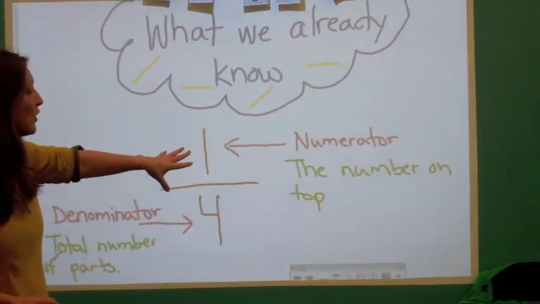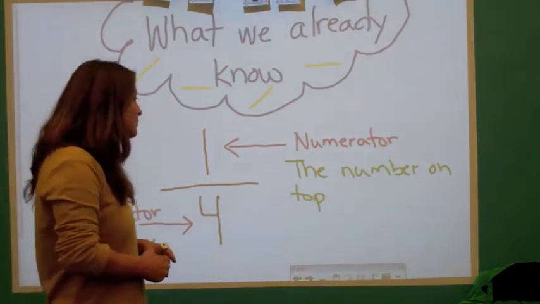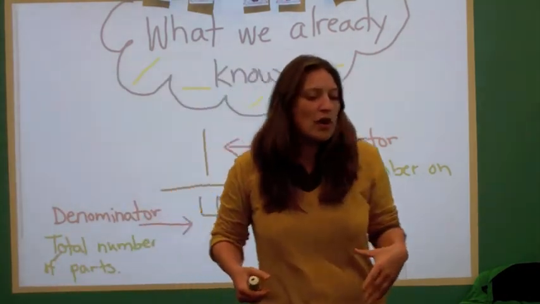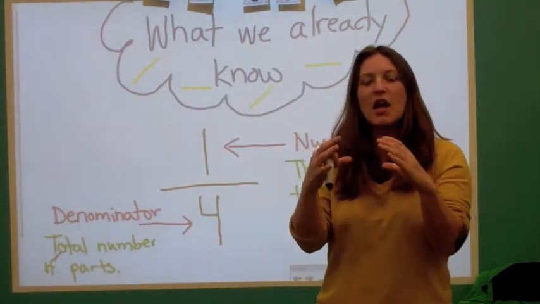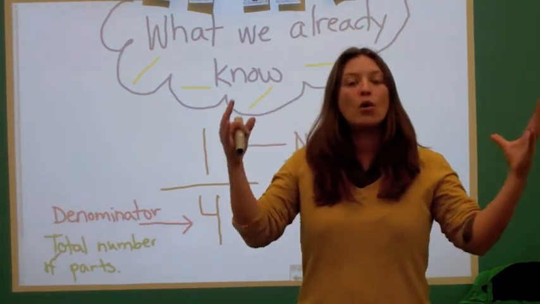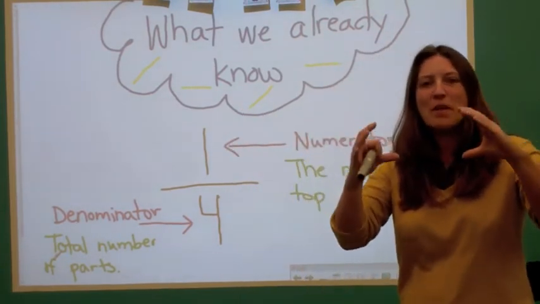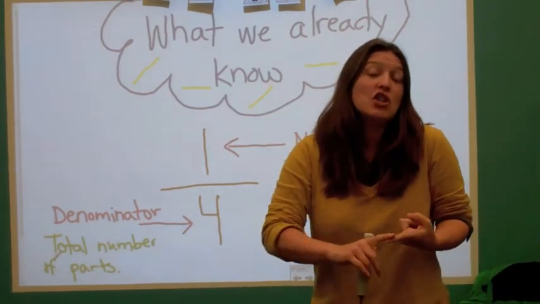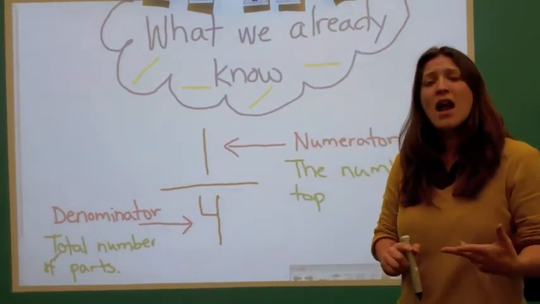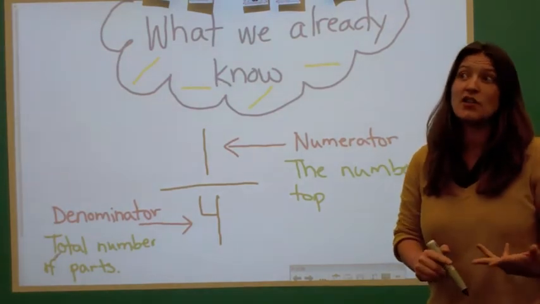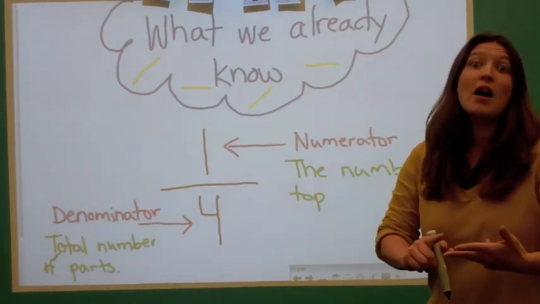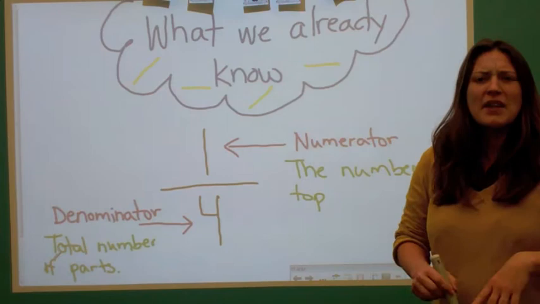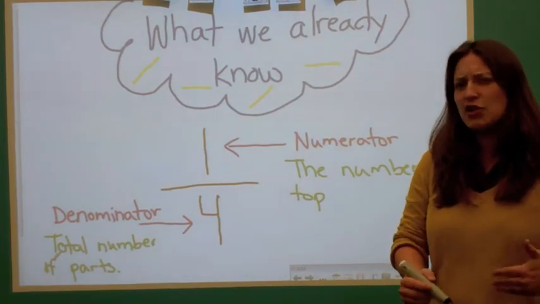And since the numerator is the number on the top, that's going to talk about just a section of the whole, okay? So that is how many sections we're looking at, whether it's how many shaded sections there are, or how many colored sections, or how many not shaded sections there are. The number on top just talks about how many sections.